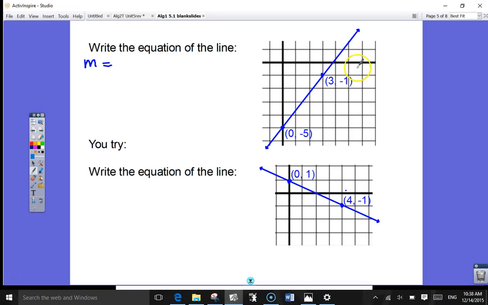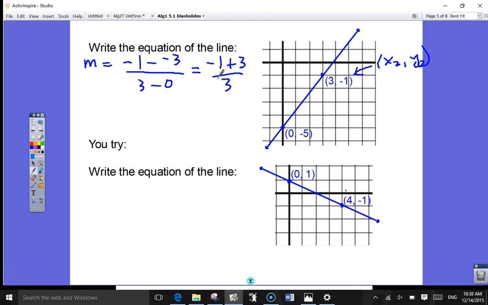I'm going to use this one as my x2, y2 for the purpose of subtraction. So that'll be -1 minus -3 divided by 3 minus 0, which is -1 plus 3 over 3, which is, what do I have wrong there?